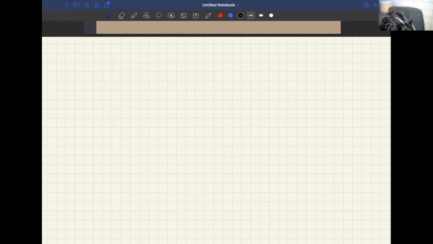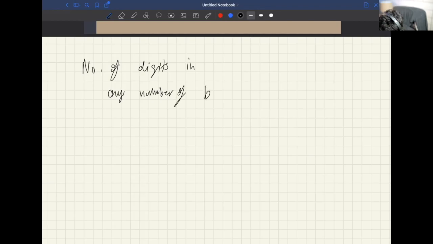So basically this is a formula that will come really handy in LeetCode. The number of digits in any number of base b is equal to the integer of log of that number base b, plus 1.